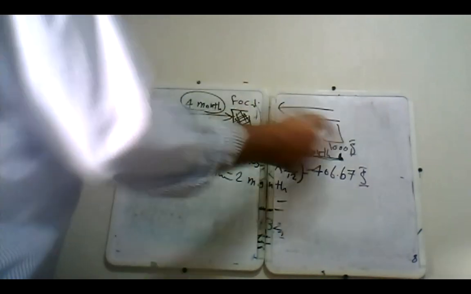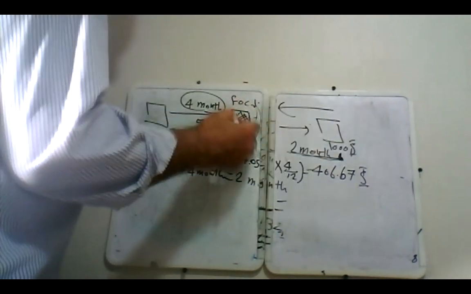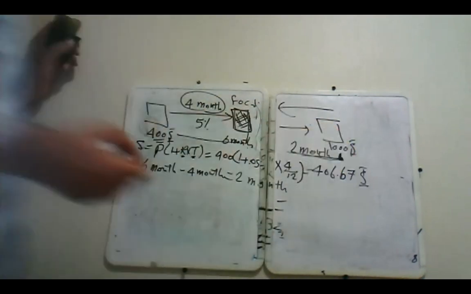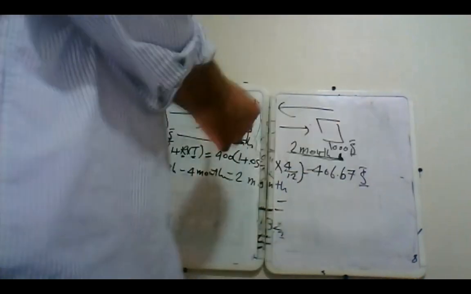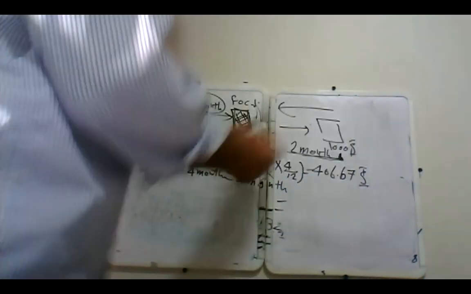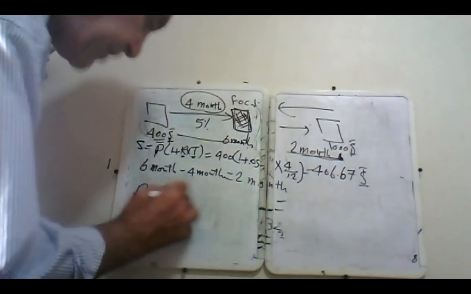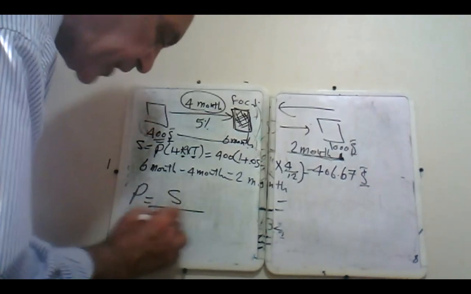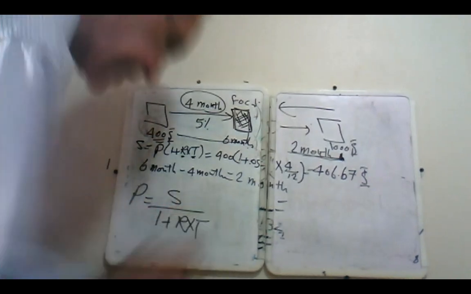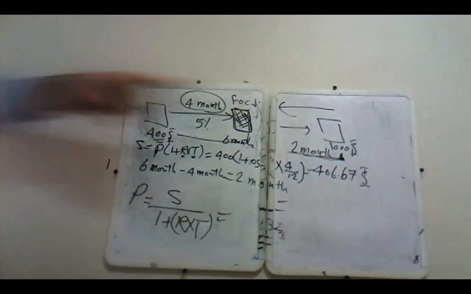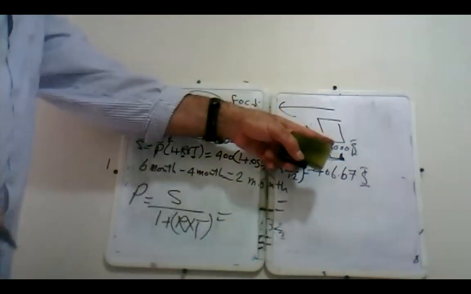Okay, how can I get it now? When I'm moving backward, I have to bring the present value, because the maturity date is after the focal date. So the present value will be the future value divided by 1 plus r times t.